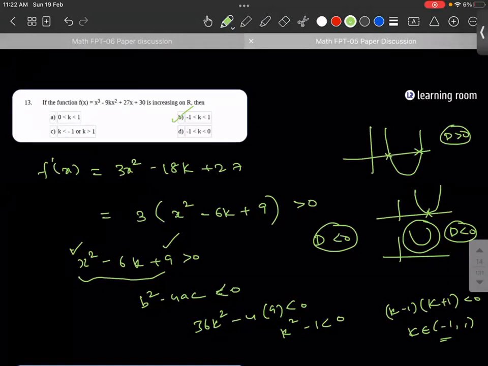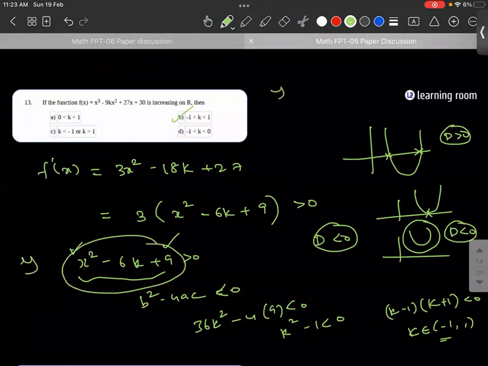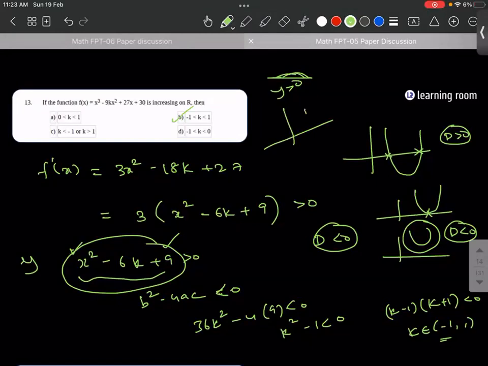Sir, so we have to consider D is less than 0. And D is less than 0, did you understand? Because if I say y is always positive, it is confined to the first or the second quadrant. The x squared coefficient is positive, so it's an upward parabola.